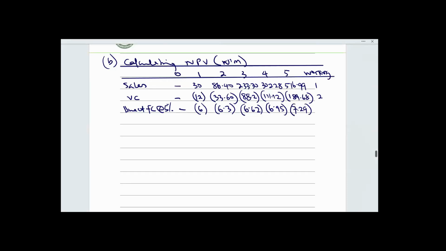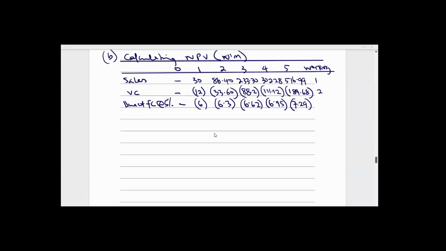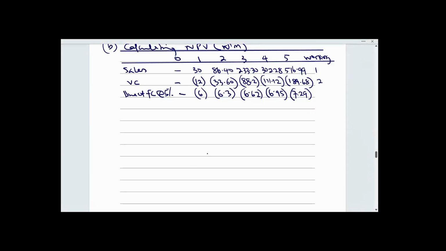Let's go back to the question to see if there are other relevant cash flows that we need to consider. According to the question, you are also given training and development costs.